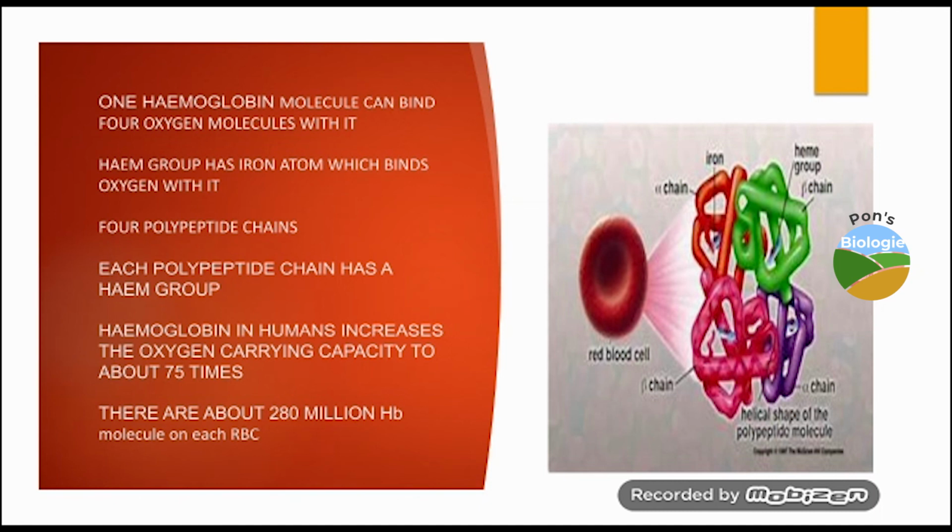In the same way, beta chains are present diagonally to one another. Now, one hemoglobin molecule can bind to 4 oxygen molecules. So it means it enhances the oxygen carrying capacity of red blood cells.